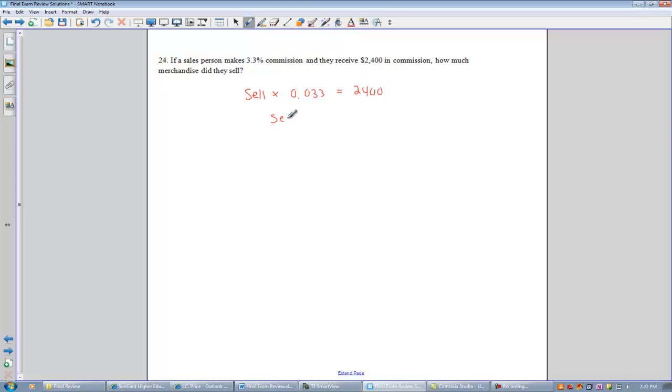And so the amount that I sell here is equal to 2,400 divided by 0.033.